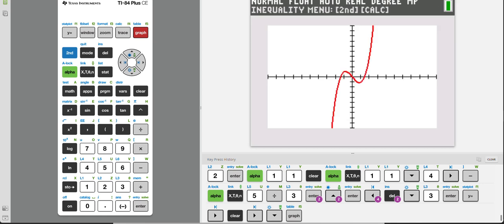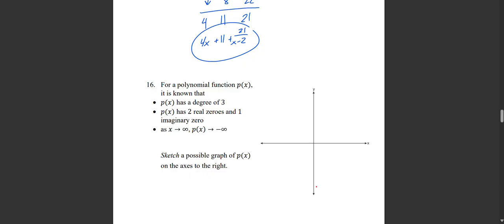Let's remind ourselves what a degree of 3 might look like. That's x cubed minus 2x, which has a degree of 3. It kind of looks like that wormy shape that we've identified. So it's going to possibly look like that. But then it says it has 2 real zeros and 1 imaginary zero. So right now it has 3 real zeros.